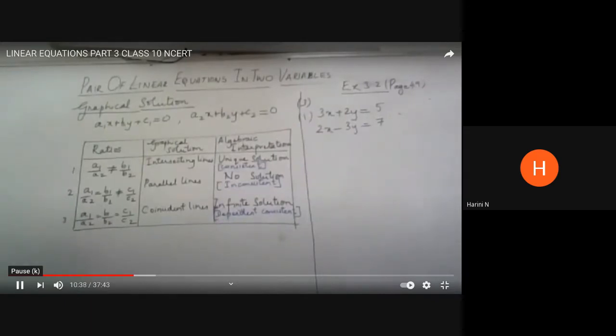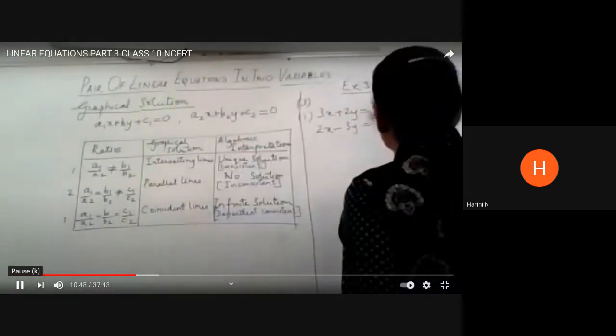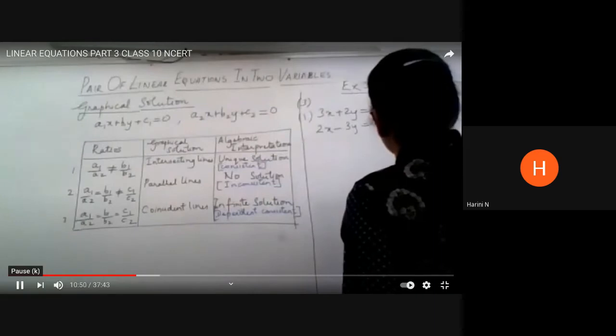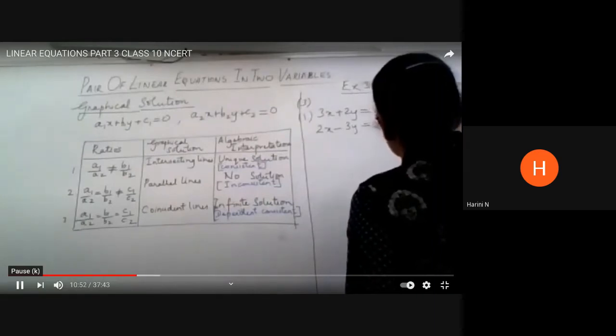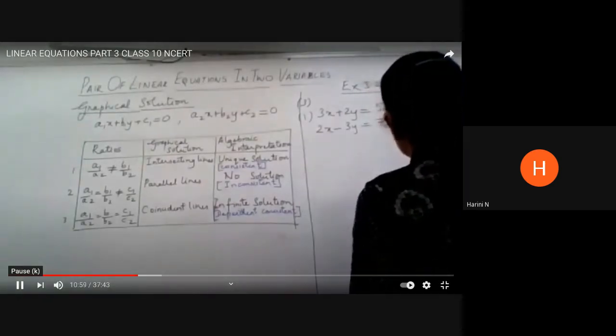So write it in the general form and try to compare what is A1, A2, B1, B2, C1, C2, and hence find out their ratios. So this I will write as A1x plus B1y plus C1 equals 0. This will be A2x plus B2y plus C2 equals 0.